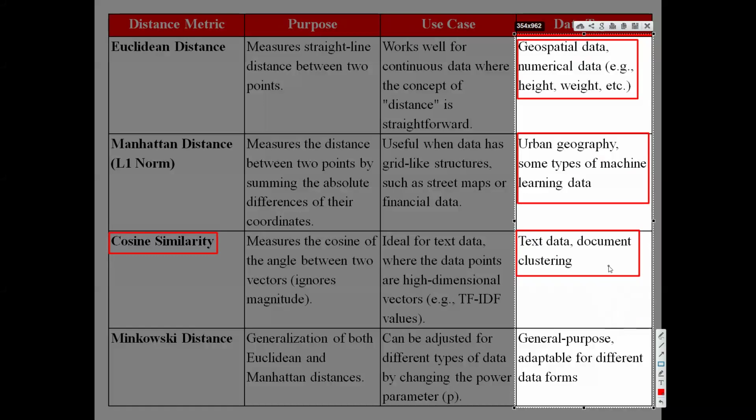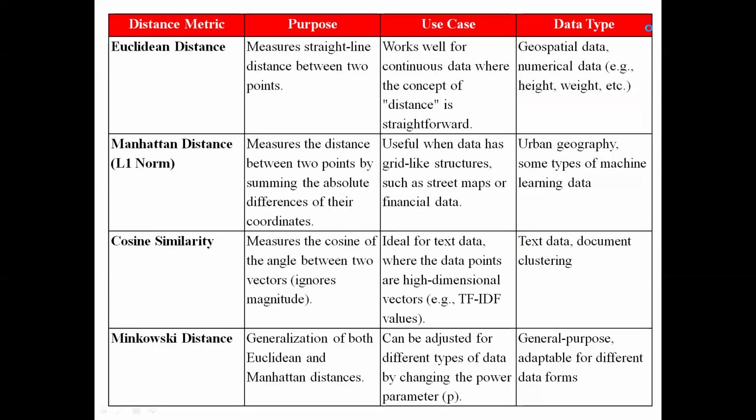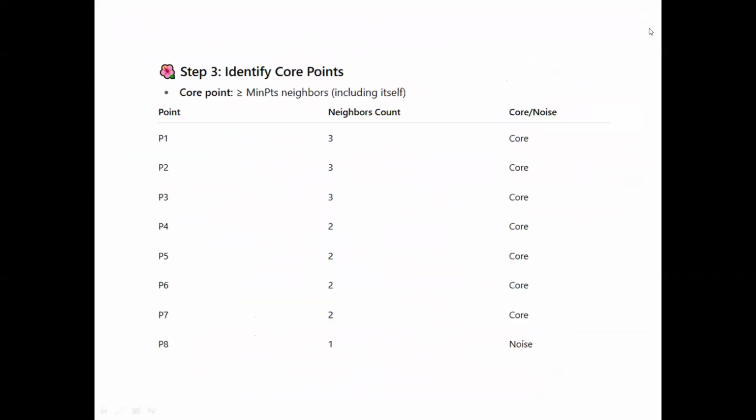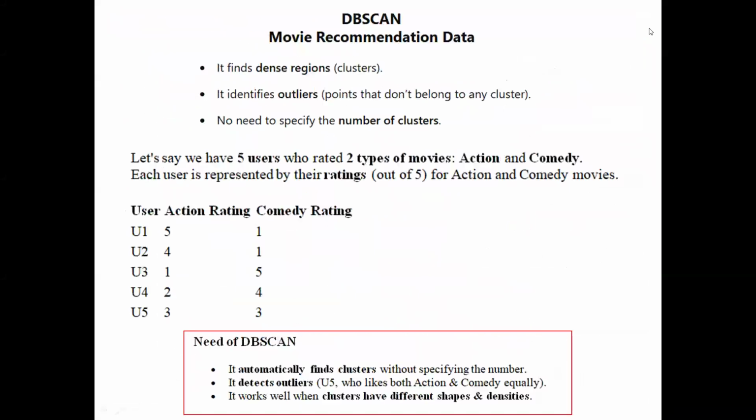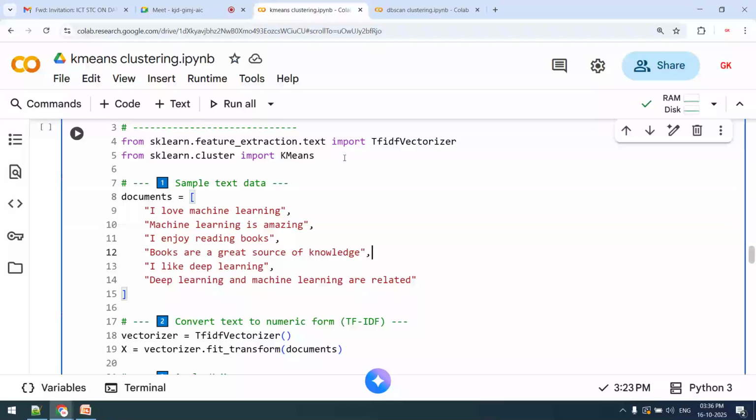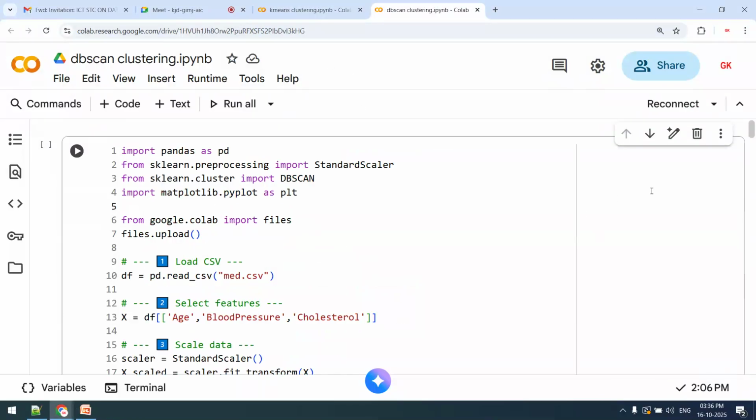For text data and sentiment data, cosine similarity, because it is by default integrated with TF-IDF values. Now we will see in which way we will be able to implement it.